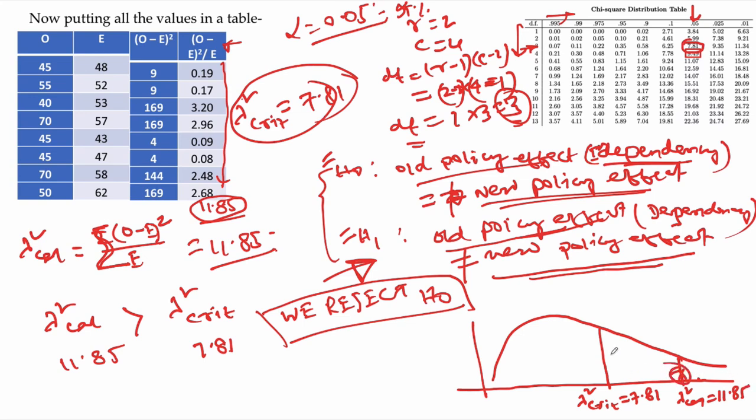So this is lying in this region, and that is the reason we reject the null hypothesis, because this is called the rejection region. If the chi-square calculated value were here, then we could never have rejected the null hypothesis. But in this case, it is lying in this rejection region, and that is the reason we reject the null hypothesis. And we can say that the new policy is useful for Infosys across north, south, east and west. Clear? Hope you have understood this.